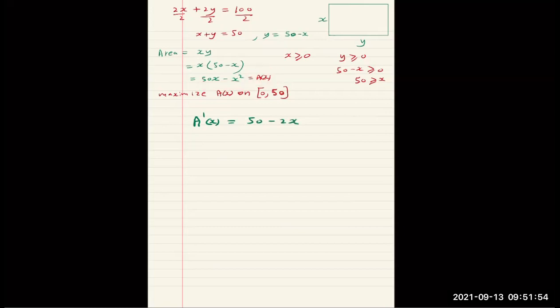Okay? That is 50 minus 2x. To find critical points, I'm going to set A prime of x to 0. That means 50 minus 2x is equal to 0. That will give you x is equal to 25.